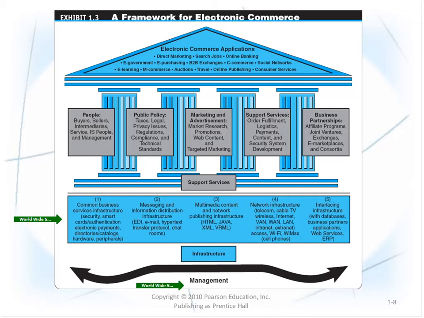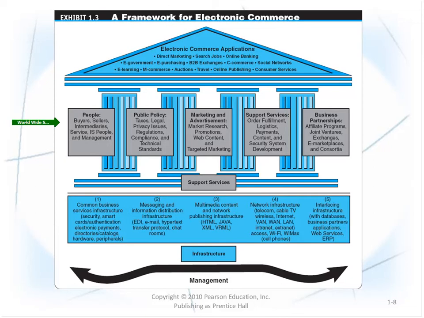So we have management, and then we establish our infrastructure. Once the infrastructure is ready, we move to the next step, which is support services. We already talked about these five parties: people, public policy, marketing and advertisement, support services, and business partnership.